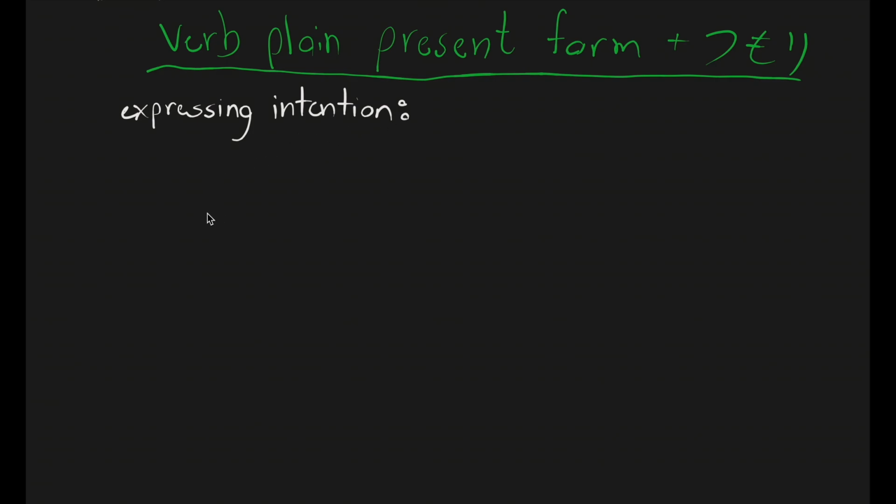So let's do: tonight I intend to drink. Now I'm going to go over the vocab real quick, but if you know the vocab, pause here and try to translate the sentence. So tonight is a vocab word that you might not know.